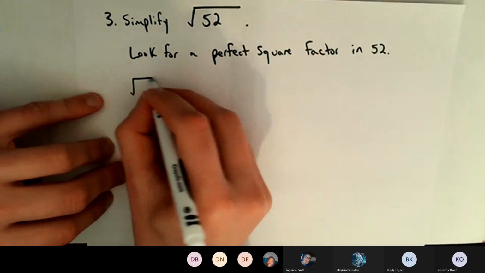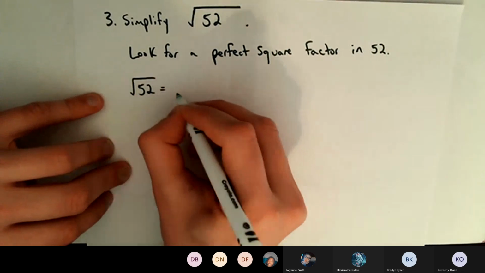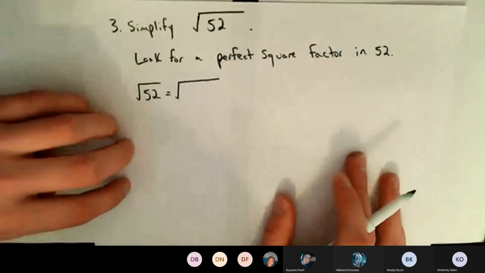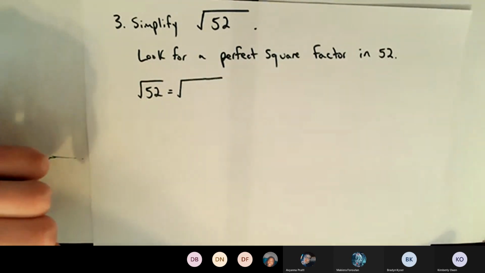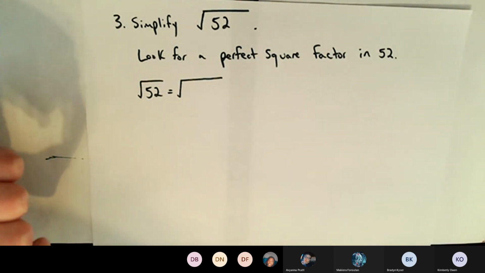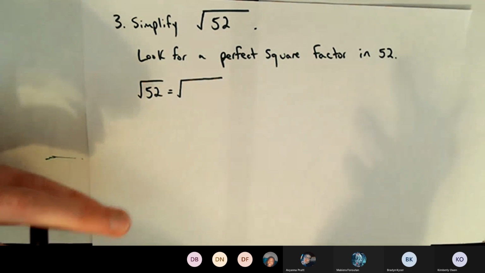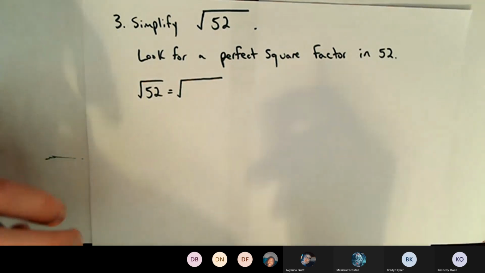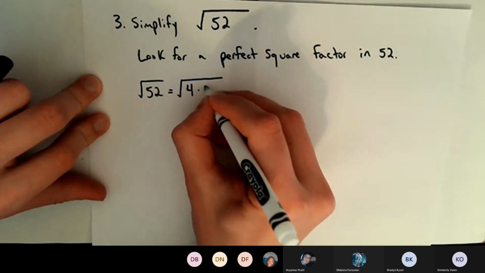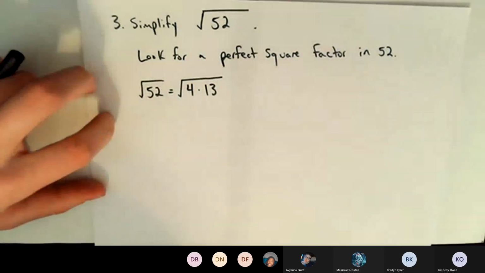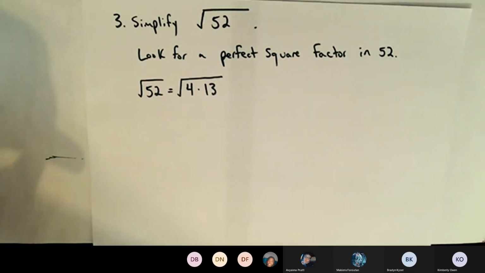So can we think of a pair of numbers that multiply to give 52, where one of them is a perfect square factor? After you think for a while, you can take 52, start dividing it by perfect square numbers. Eventually you'll figure out that 52 is the same as 4 times 13.